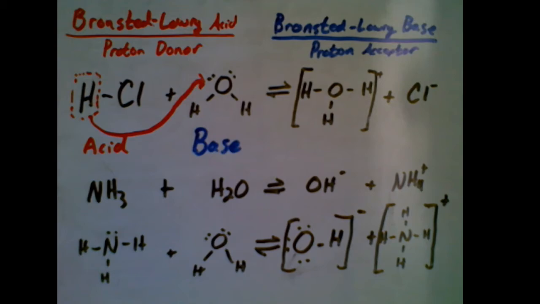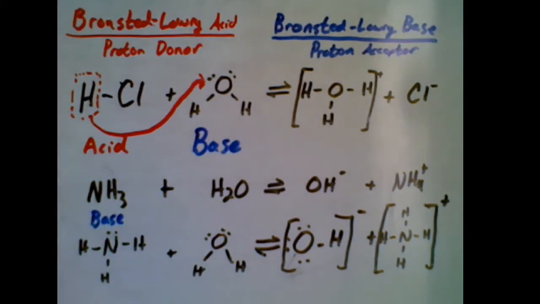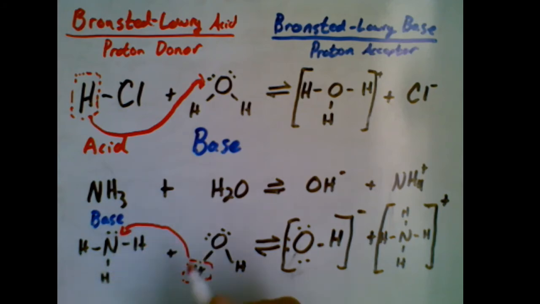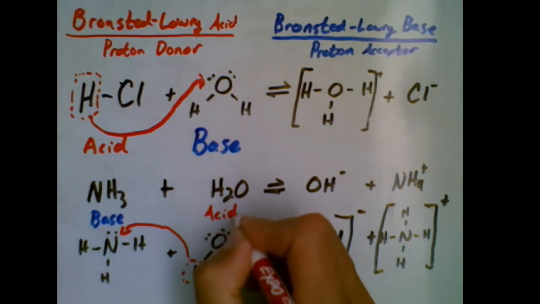You see, the NH3 is going to accept a proton, but this time it's going to accept it from the water. So the water is actually donating its proton, making it the acid.